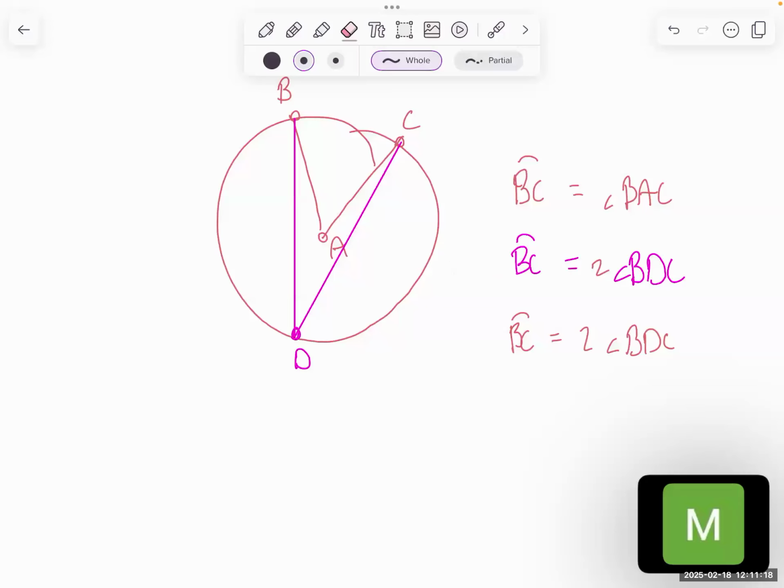Now, remember too, since these are equal to each other, you could also substitute this in as well. So angle BAC is also double BDC. So let's say this is 60, this is 60, and this is 30. Let's say I gave this as 15, this is 30, and this is 30.